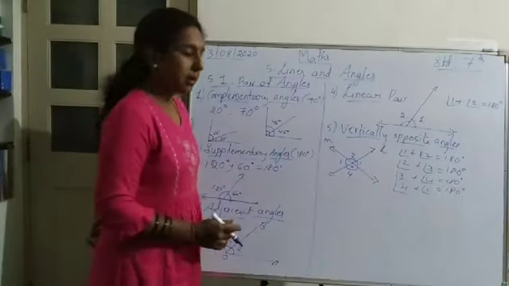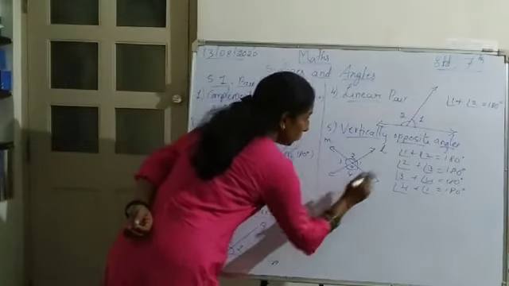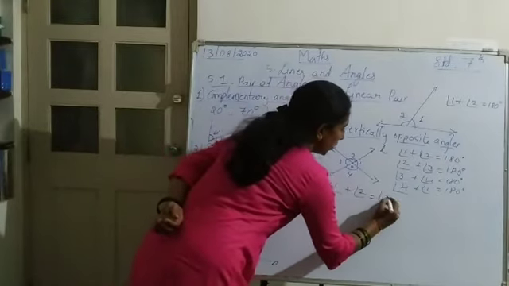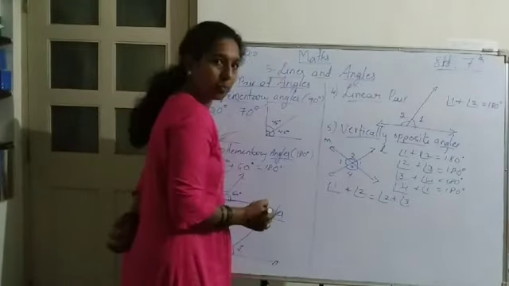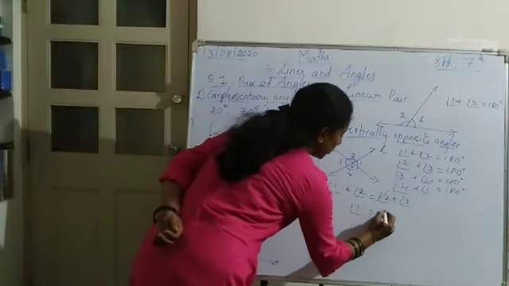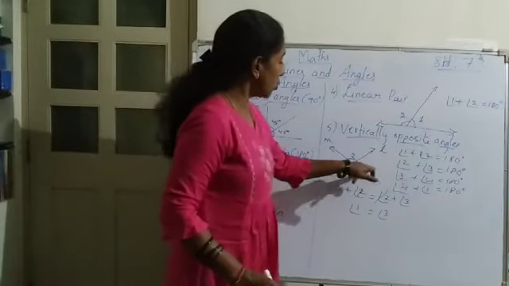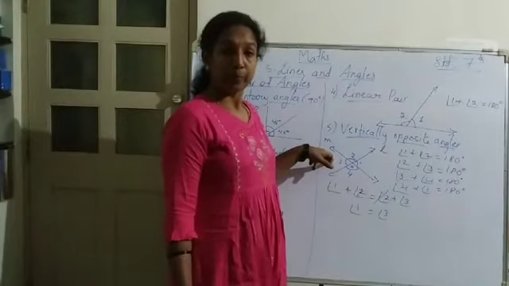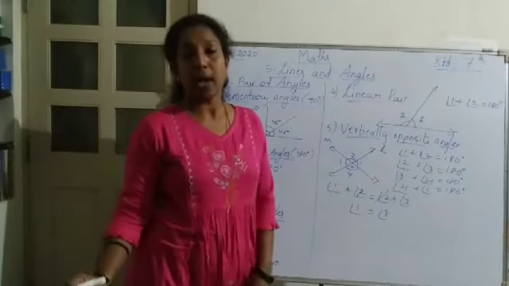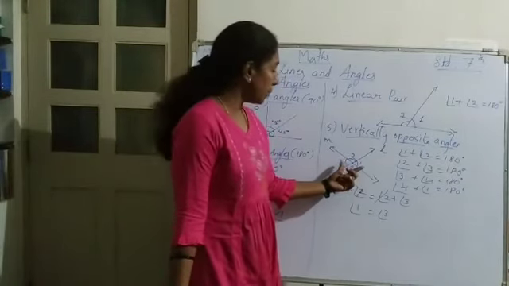So it means this and this are equal, since both are equal to 180 degrees. So angle 1 plus angle 2 is equal to angle 2 plus angle 3. Here if I cancel angle 2, angle 1 is equal to angle 3. So these two angles are equal. These two angles we call vertically opposite angles.